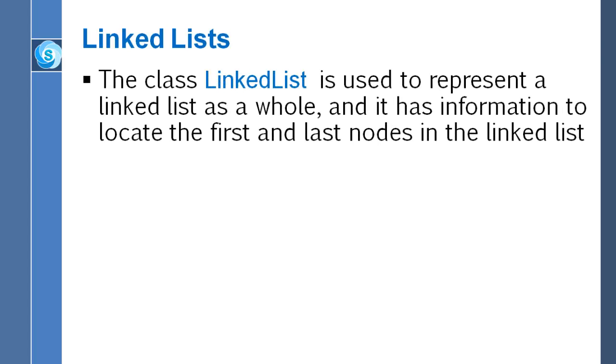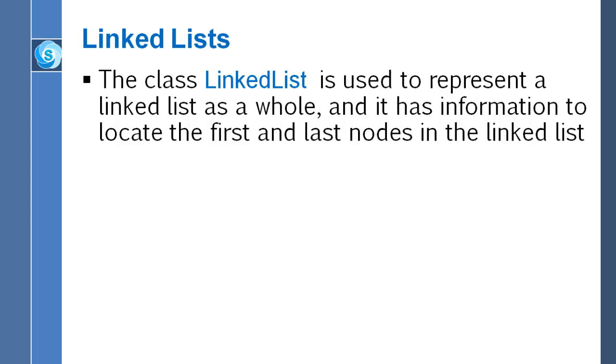All right. Now there's the class linked list, which represents the entire linked list. As I said, we're going to have one object created from this class, and it will represent the entire linked list. It has a first node, a first and a last. So there's a pointer or reference in there to locate the first and the last nodes of the linked list, just as in the figure.